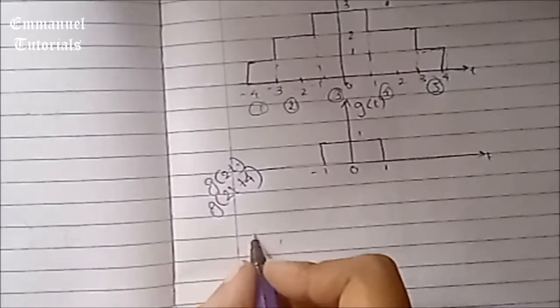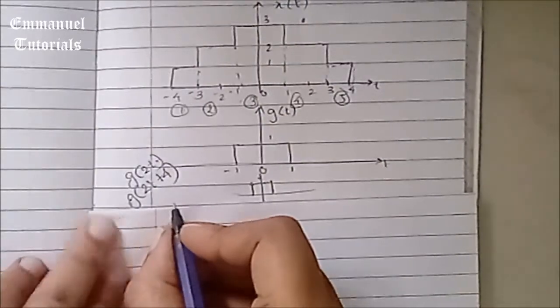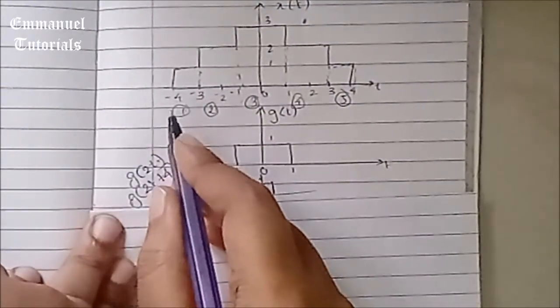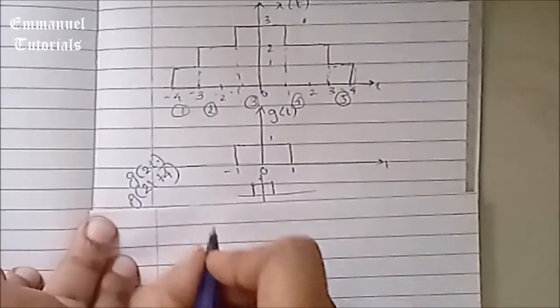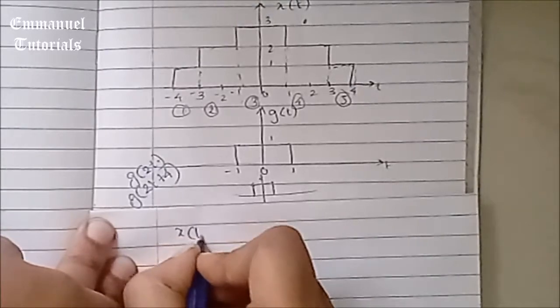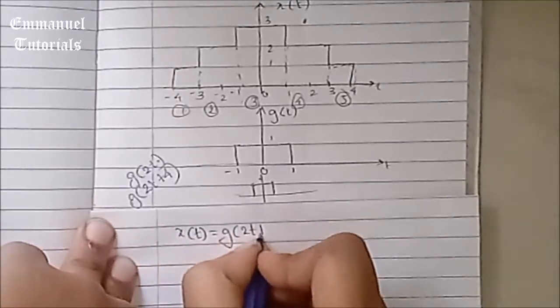So x of t can be represented as, sorry, it will not be 4, because -1 to -4 is 3. It's a time duration of 3. So x of t is equal to g of 2t plus 3.